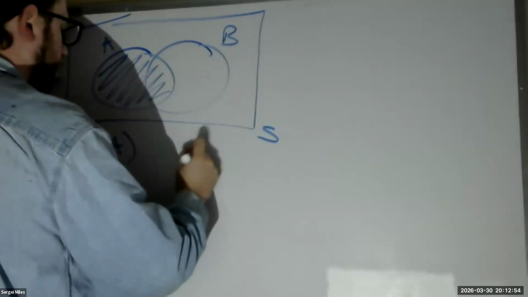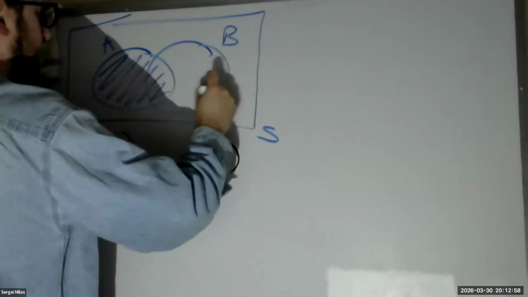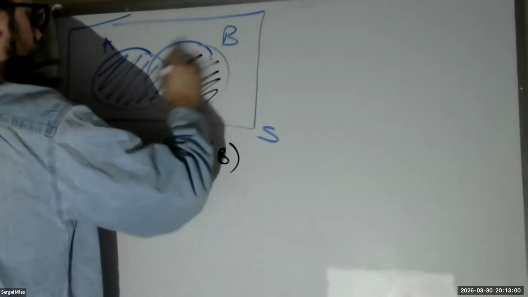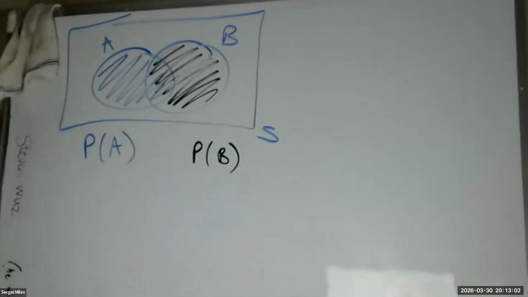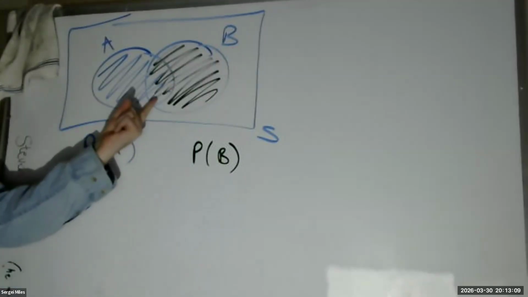But the probability of B, on the other hand, is the same idea, except it's all the sample points in the event, in the set for B. Here you can kind of see the issue.